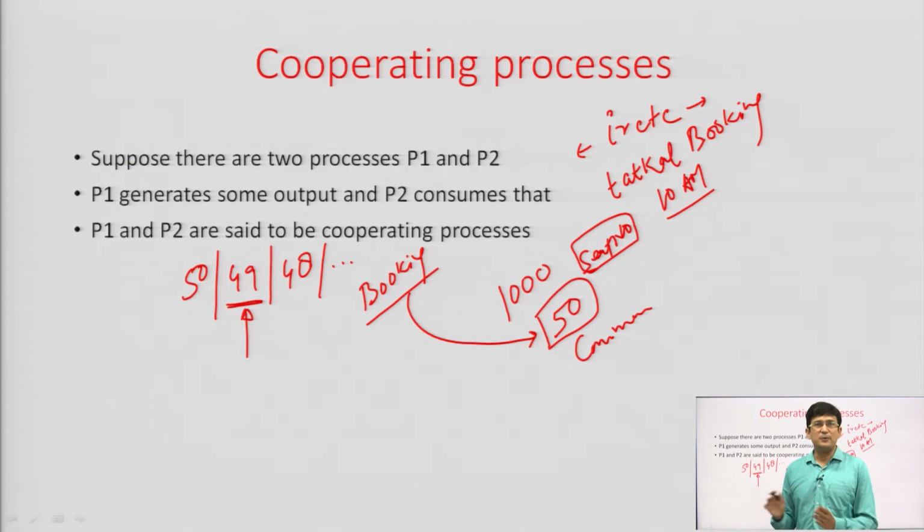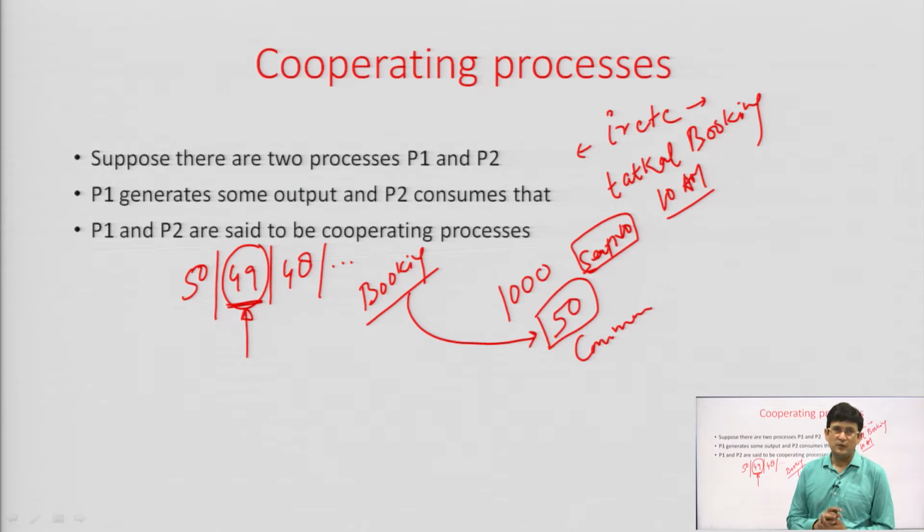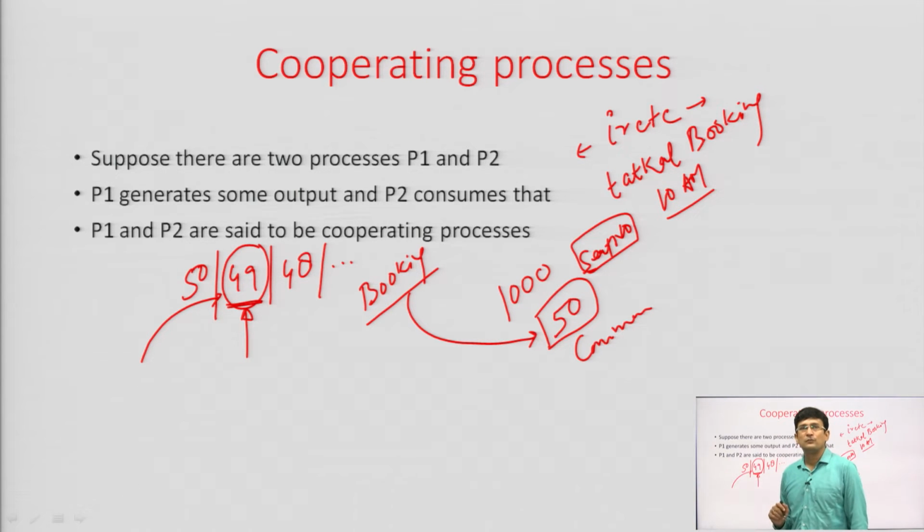So, there are several processes, and we should have some synchronization mechanism by which only one process can have access to this seat number at a time. Only when one process books the ticket and decrements this count, the next process can come in. So, this is a critical section.